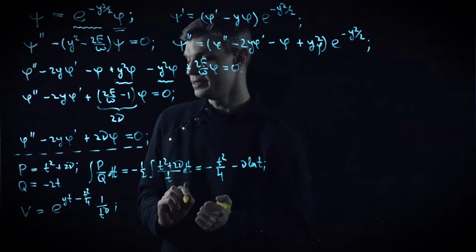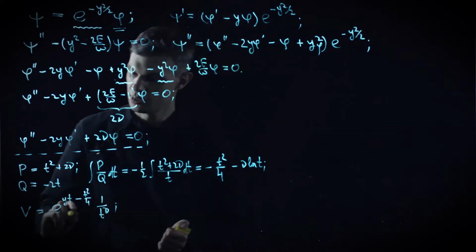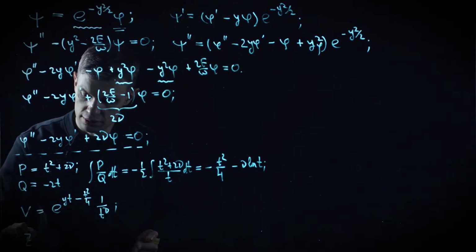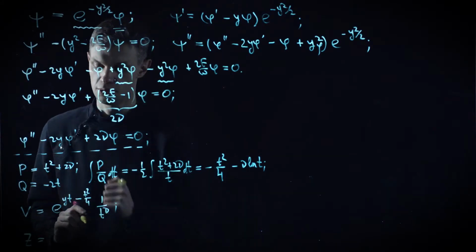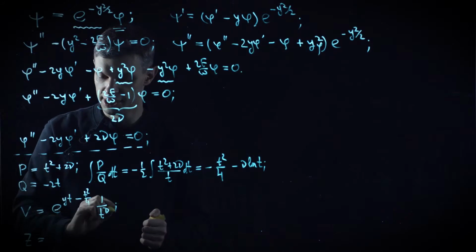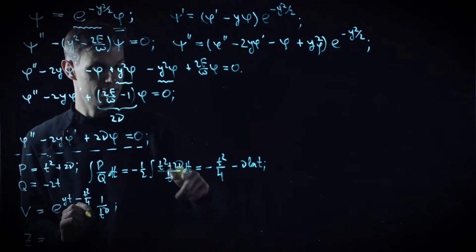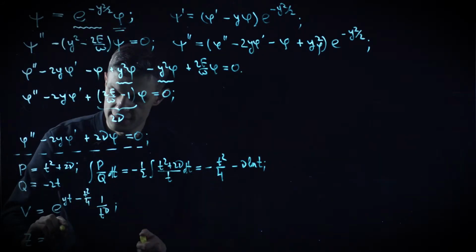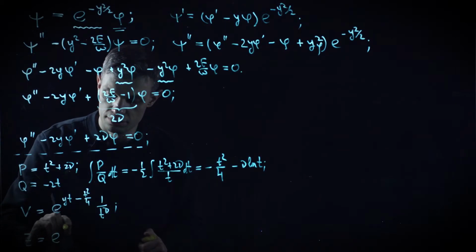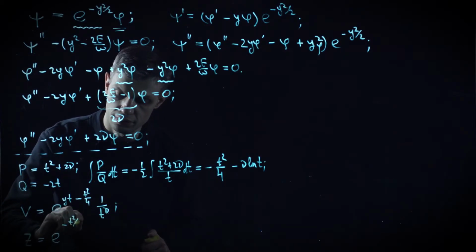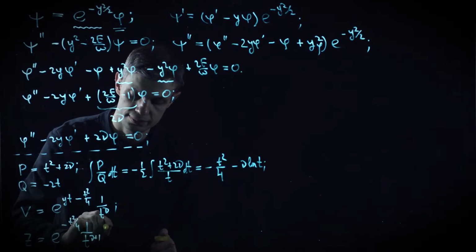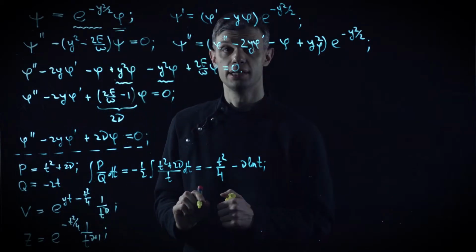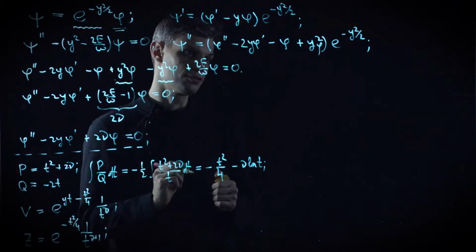And our z function is 1 over q, so it's 1 over t, up to factor minus 2, times this thing. So our z function is simply e to the minus t squared over 4 times 1 over t to the 2 nu plus 1. Fine.